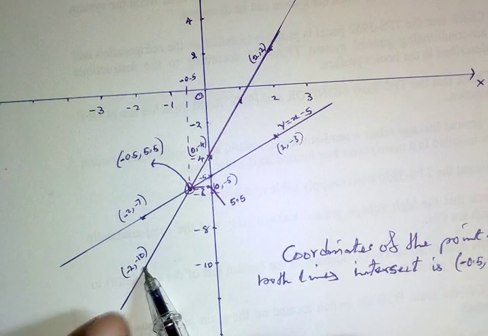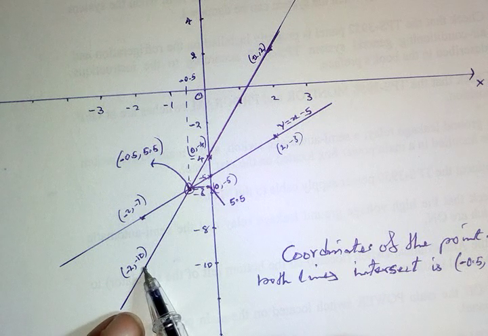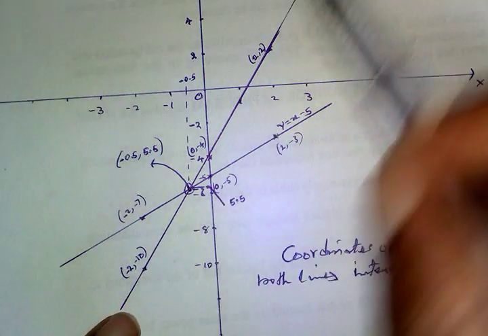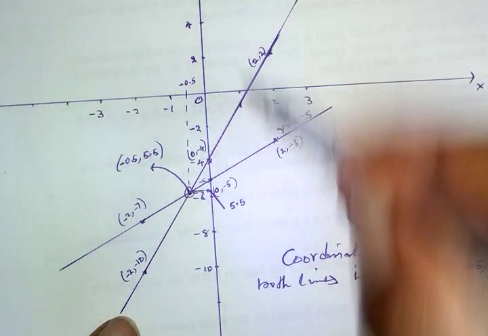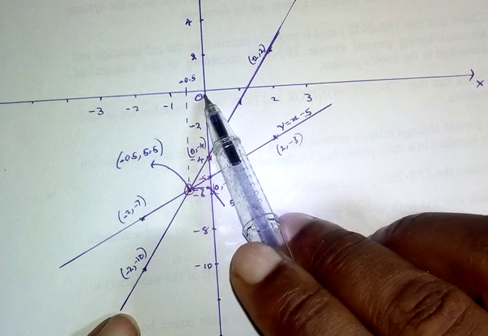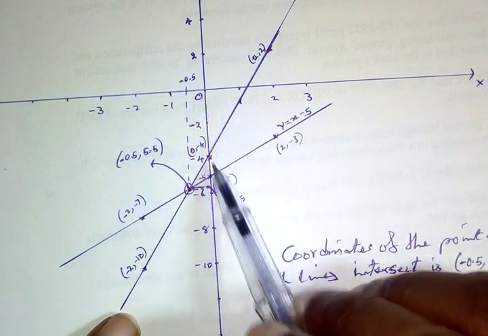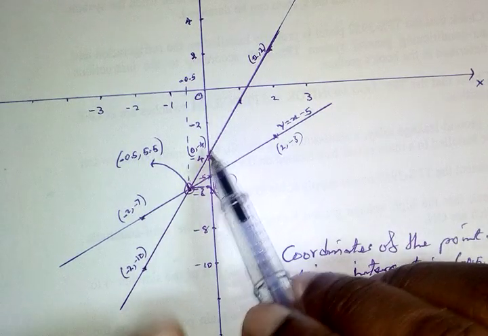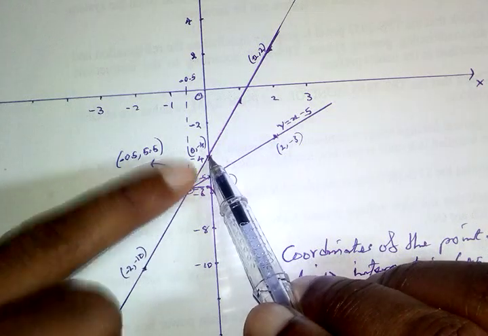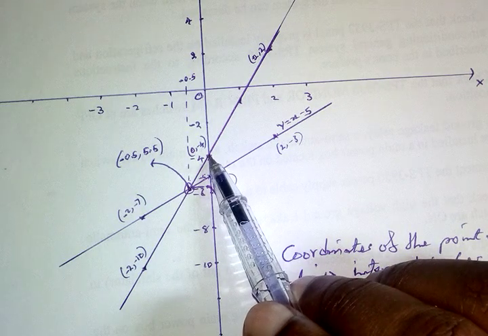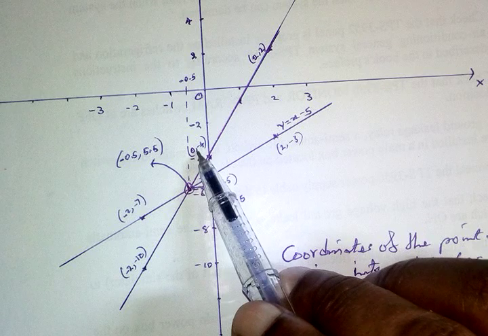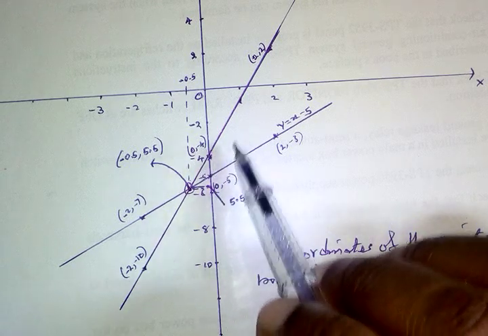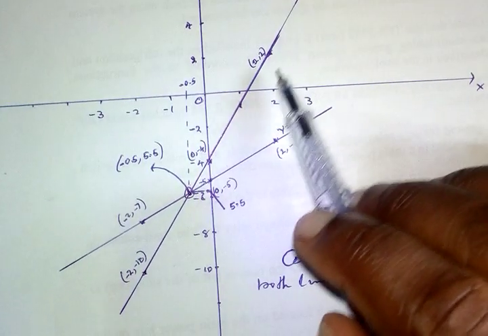Then the second point I plotted is x equal to 0 and y equal to minus 4. And when I trace it, it still falls on that minus 4. That's the second point, 0, comma minus 4. And then the third point is 2, comma 2.